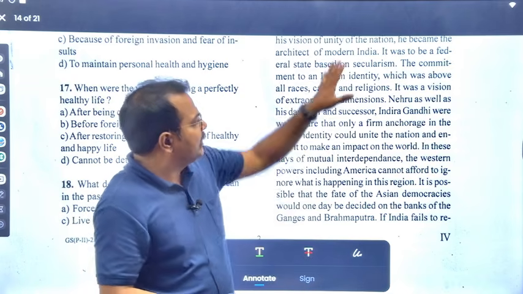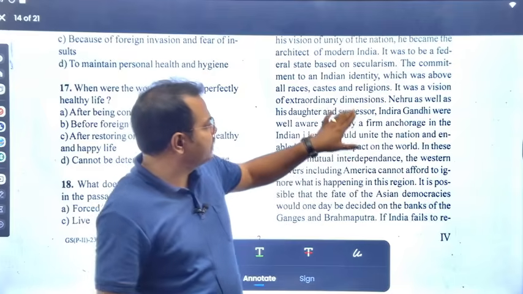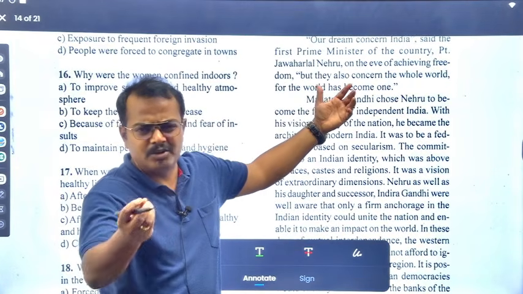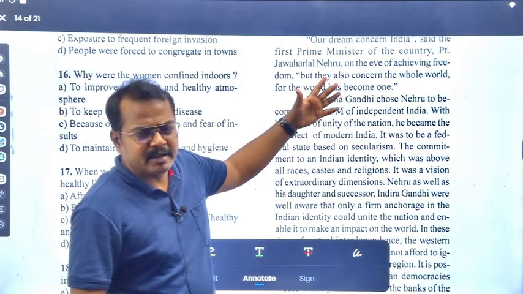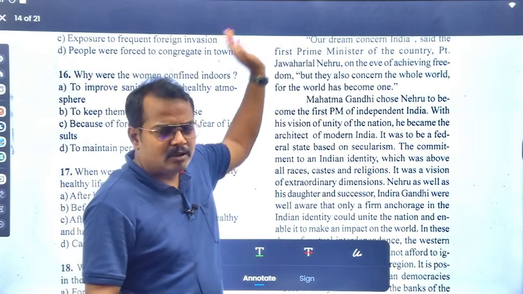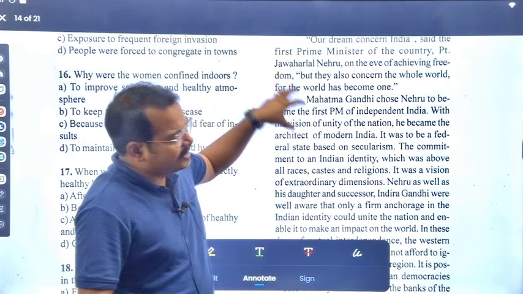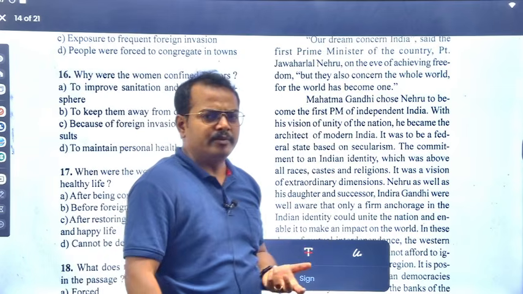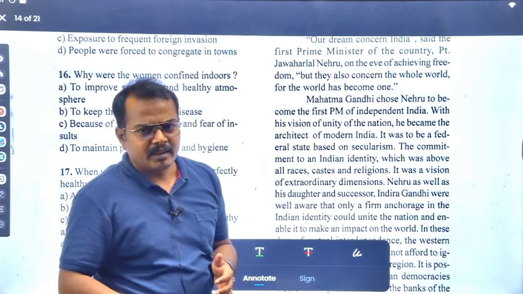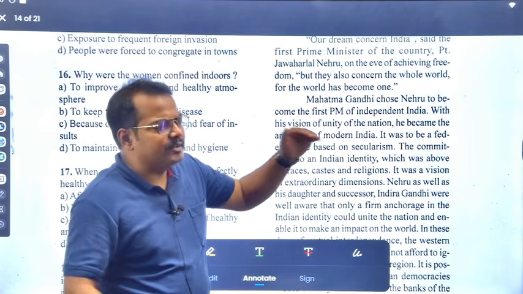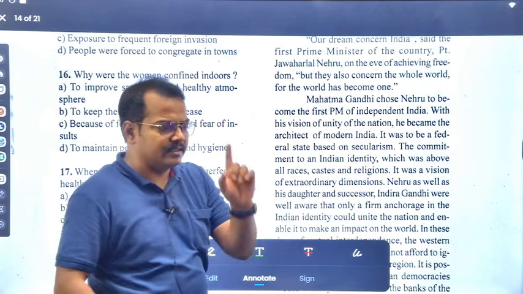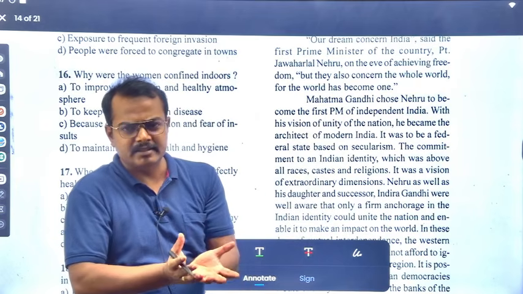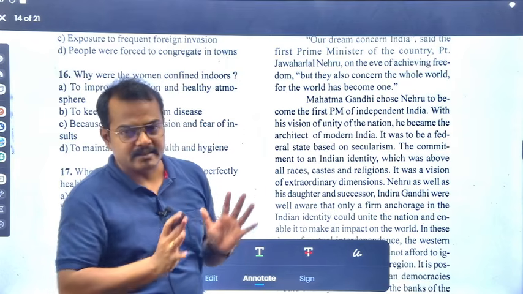I will discuss the trick in later classes, how you can solve the questions in 1 or 2 minutes without reading the whole passage. With a layman approach you cannot solve it in 1 or 2 minutes; it will take a lot of time. For the sake of understanding, if you make a grouping of the questions, then group 1 will be comprehension.